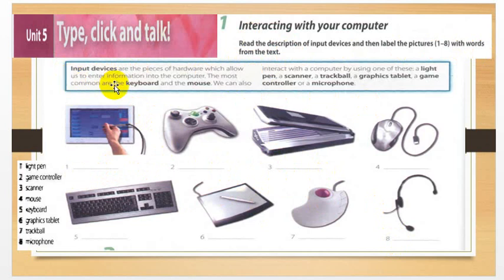Input devices are pieces of hardware which allow us to enter information into the computer. The most common are the keyboard and mouse. We can also interact with the computer by using one of these: a light pen, a scanner, a trackball, a graphics tablet, a game controller, a microphone.